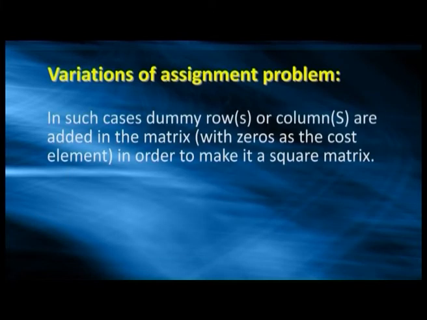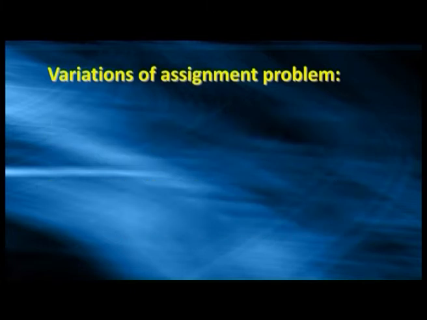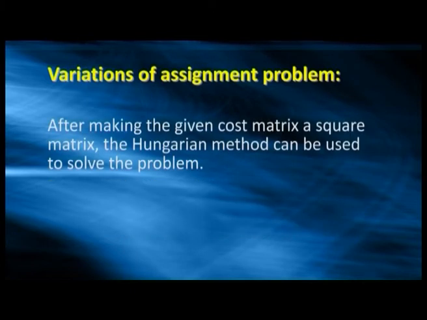In such cases, a dummy row or column is added in the matrix with zeros as the cost elements in order to make it a square matrix. For example, when the given cost matrix is of order 4 by 3, a dummy column would be added with zero cost elements in that column. After making the given cost matrix a square matrix, the Hungarian method can be used to solve the problem.